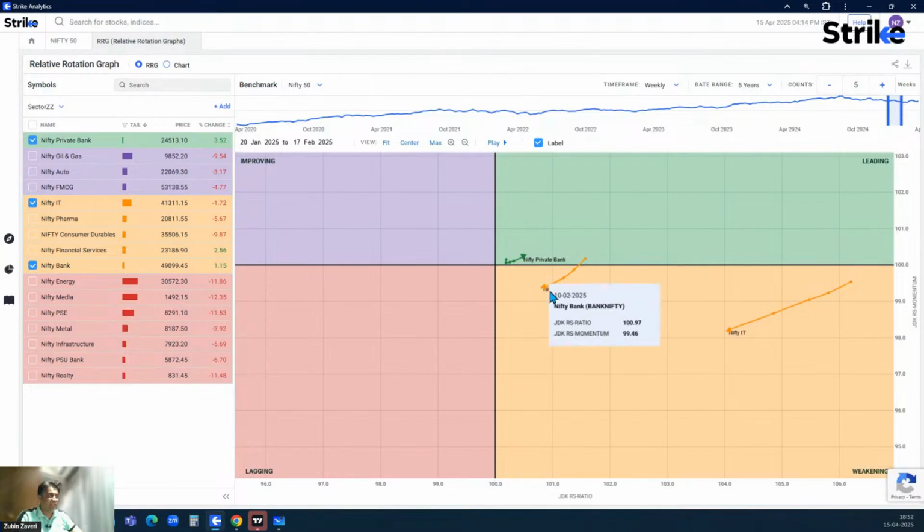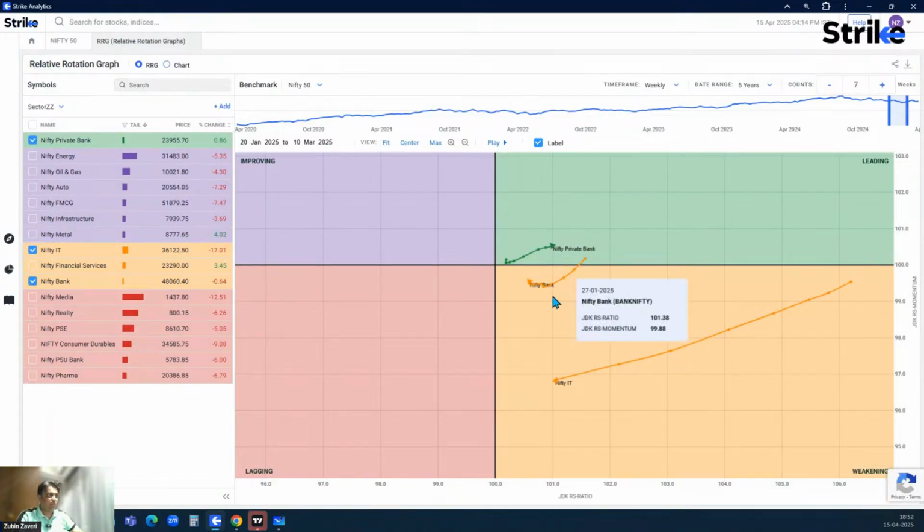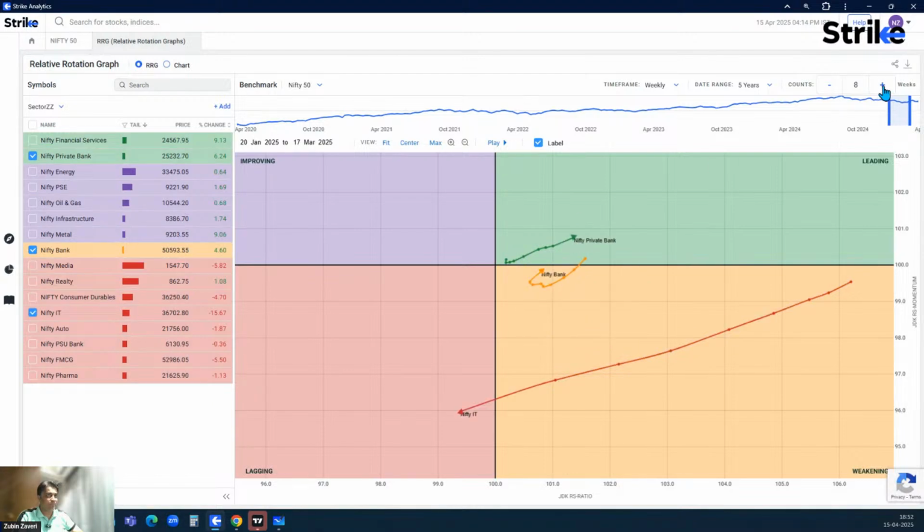Bank Nifty is in the weakening quadrant, and IT is also in the weakening quadrant. And when the time passes by, have a look. Bank Nifty seems to be turning upwards, and the IT index goes into the lagging quadrant. So here you exit from IT and get into Nifty Bank, or maybe private bank.